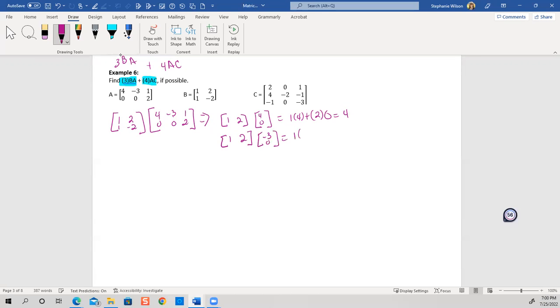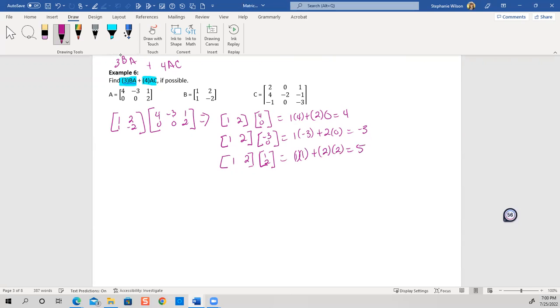So I have 1 times negative 3 plus 2 times 0 is negative 3. Row 1, [1, 2], times column 3. So I have 1 times 1 plus 2 times 2. So that gives me 5.